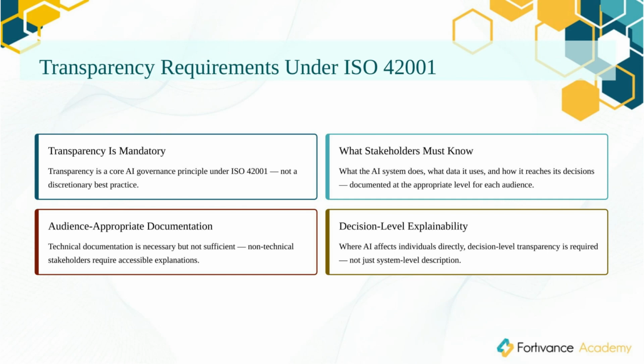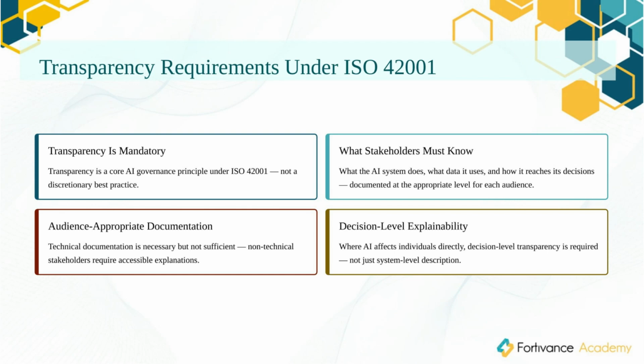Let me separate transparency into two levels that require different approaches. System-level transparency means communicating what your AI system does in general terms, its purpose, its inputs, its outputs, its intended use, and its known limitations. This is what your AI system card documents and what you communicate to users, procurers, and regulators.